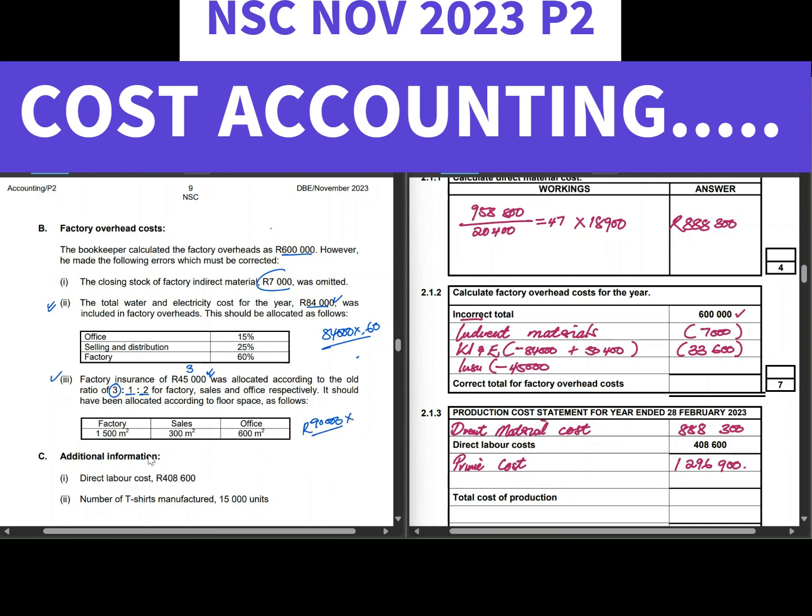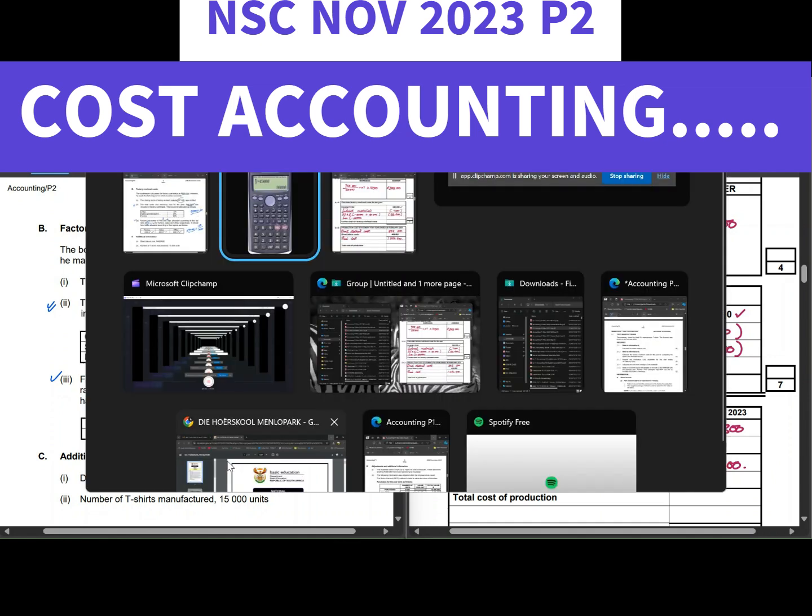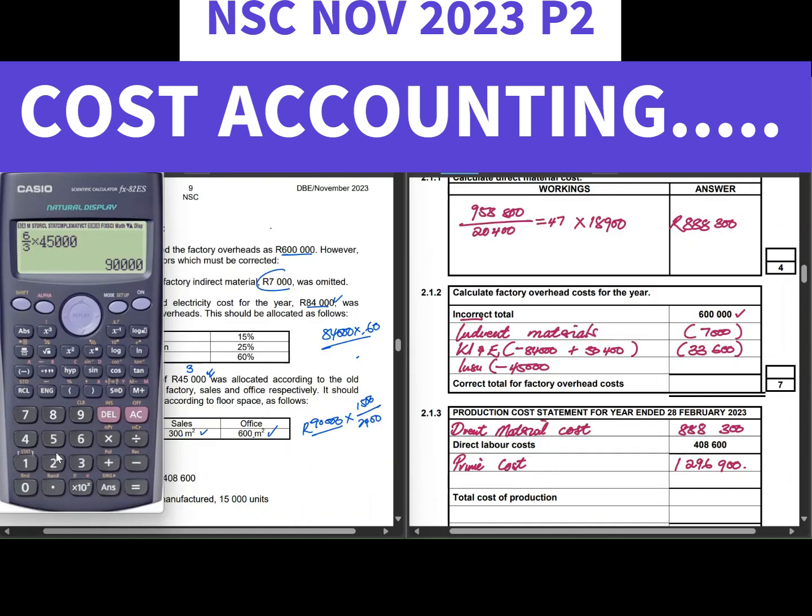Now we need to say that 90,000 multiplied by 1.5 over 1.5 plus that, plus that. So 1.5 plus 300, that's 1.8, plus 600, that's 2.4. Okay, so we'll come back again to our calculator, and then we are now saying what we want.